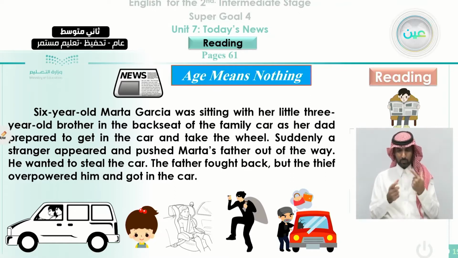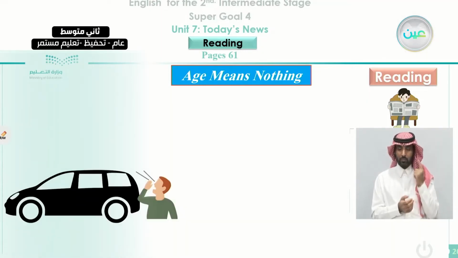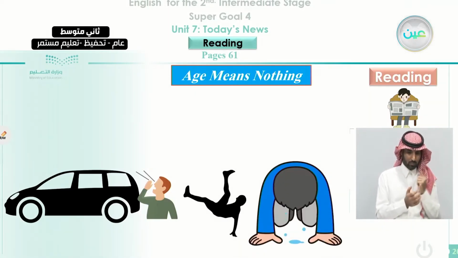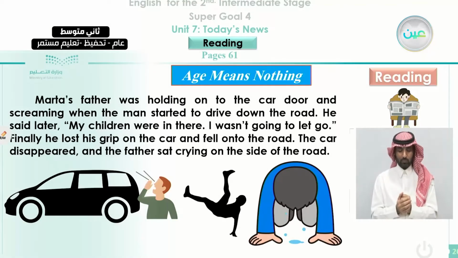Let's find out in the next slide. In the next slide, we will learn how the father reacted to the thief when he stole the car, and what happened to him, and what you can tell from the pictures about the whole story. Let's read and listen to the second paragraph of this story and find out about the reaction of the father.